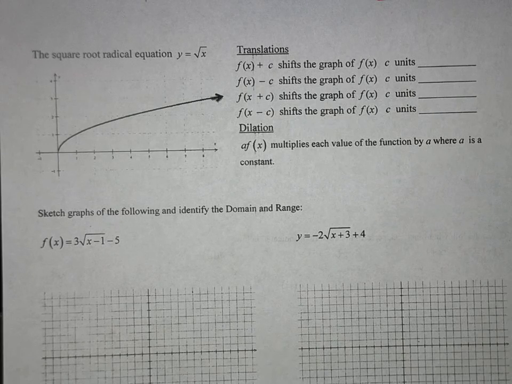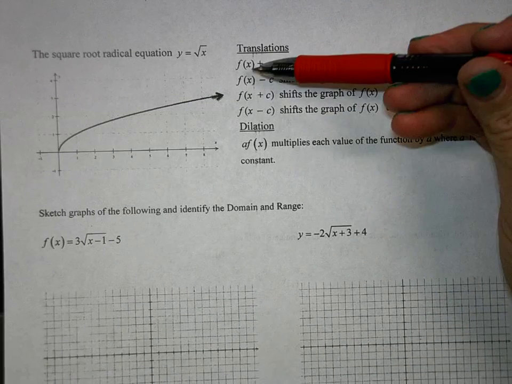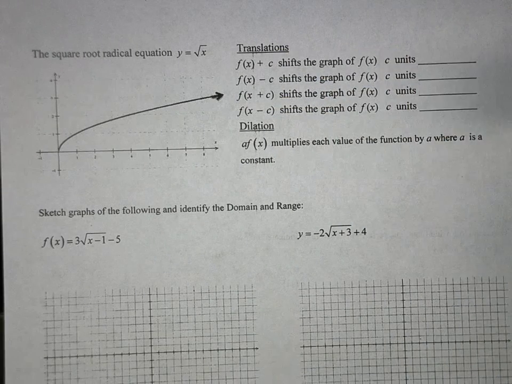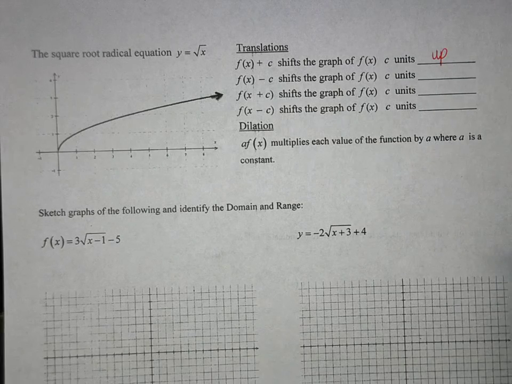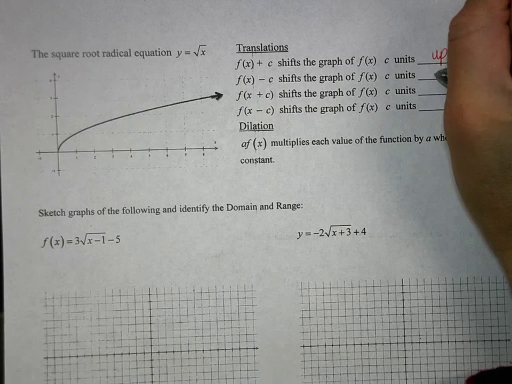Okay? Remember too the shifting. Okay? And so if you have this function and you're adding a c value at the end, it's going to shift up. And then if you have a negative c, it's going to shift down.